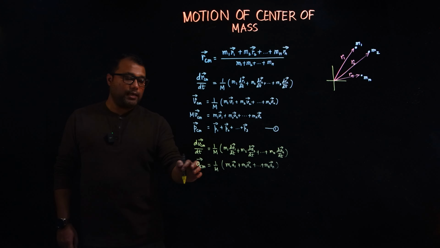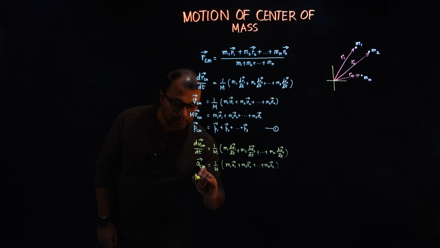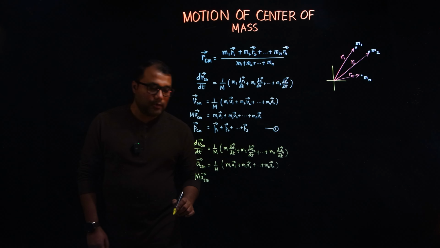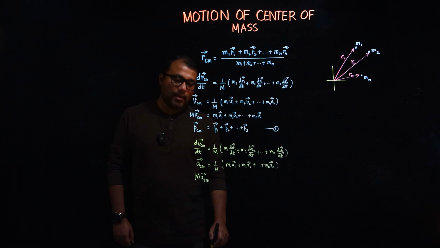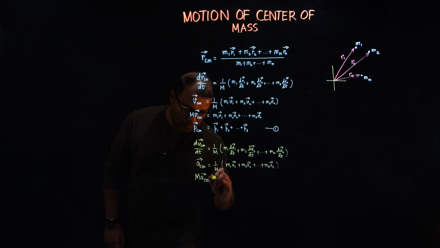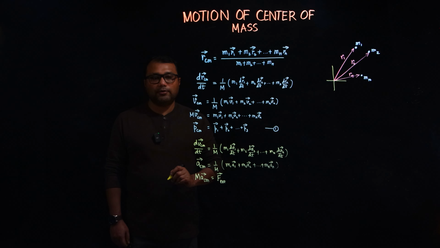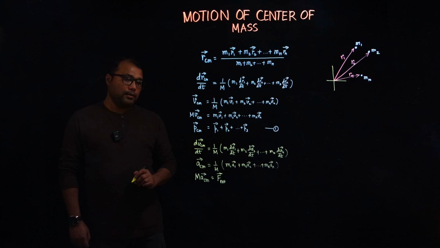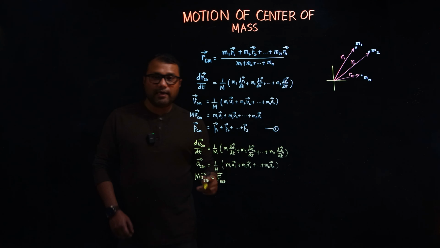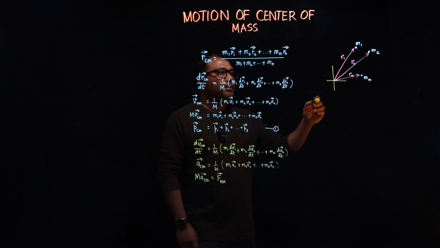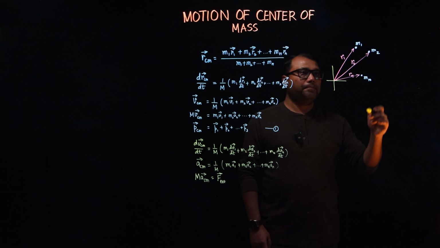Now again if I bring M on the other side, so M Acm. Now what is this? This is the total external force on the center of mass, or we can say it's the total external force that is on the system.